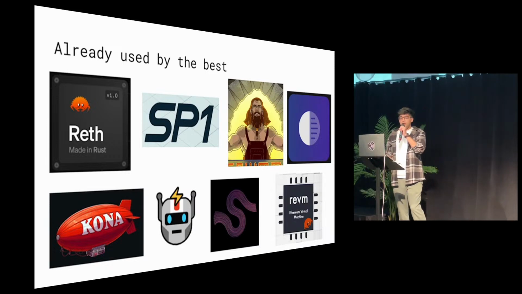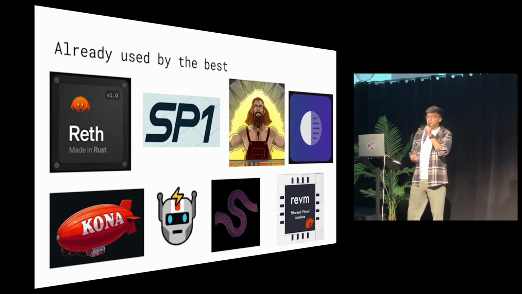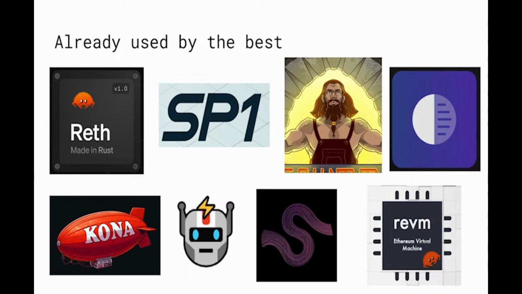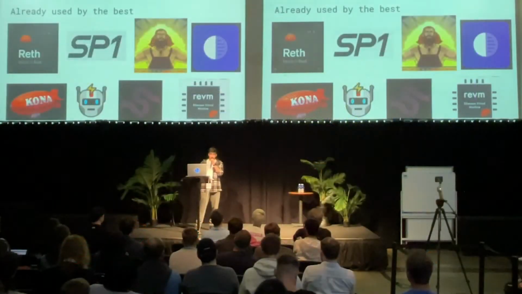One thing to note there is they have a no standard implementation, no_std, and Alloy is still capable because certain crates in Alloy, like the EIPs and the consensus types, are no_std. It does not make sense for us to make networking related crates, like provider and transport, no_std, obviously.